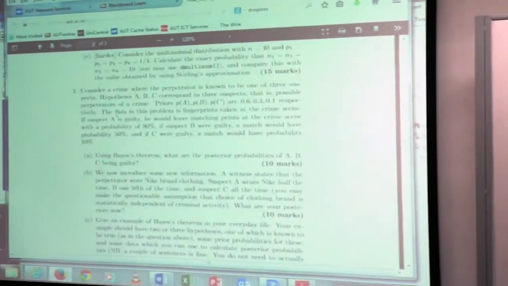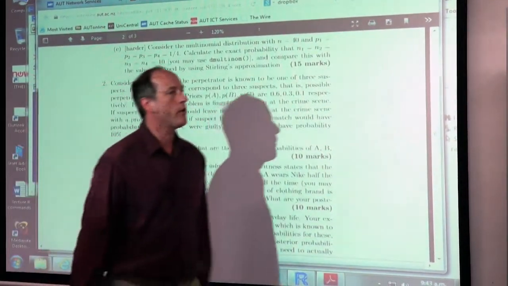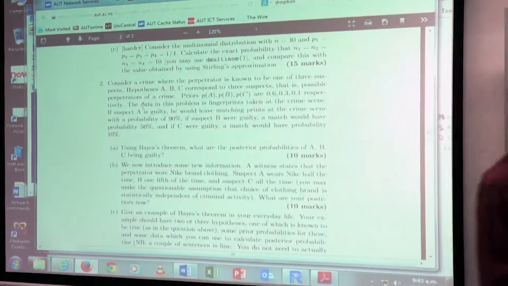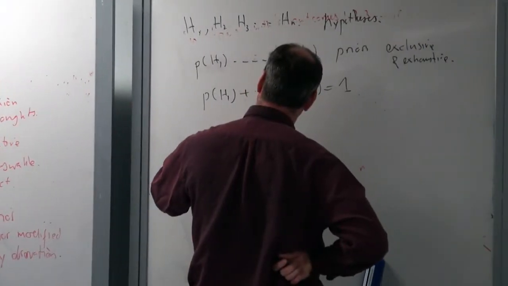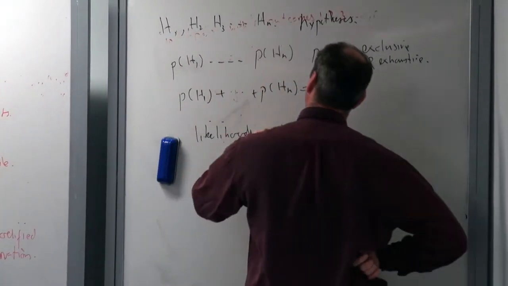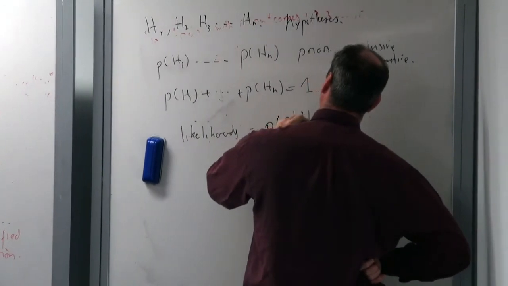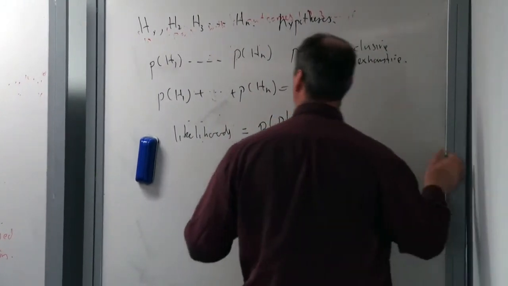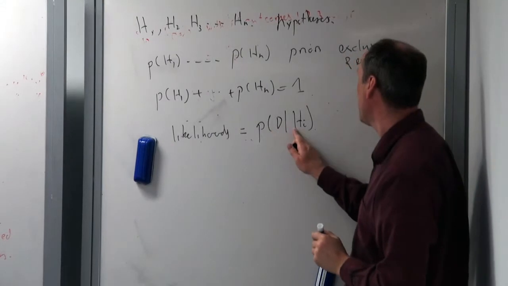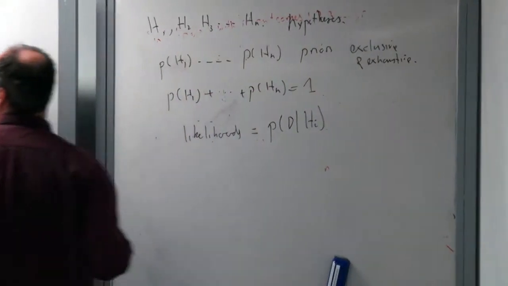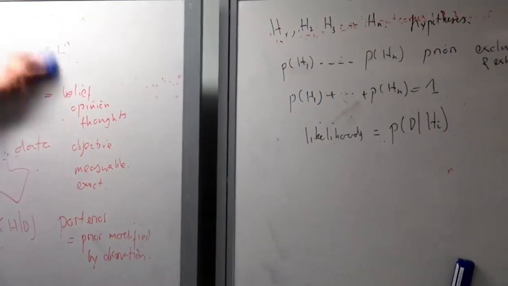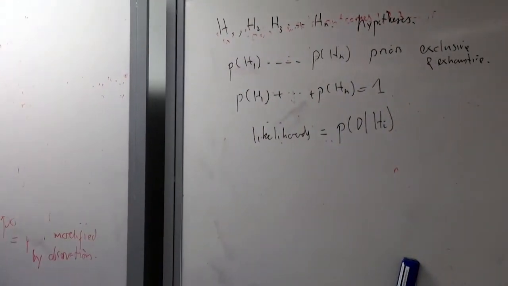So in this case, the hypotheses A, B, and C correspond to three suspects. You know it's one of them, but you don't know who. You've also got likelihoods, equal to the probability of D given Hi, which is the probability of seeing the data given that the hypothesis is true, which is a powerful tool in your thinking, or it should be.